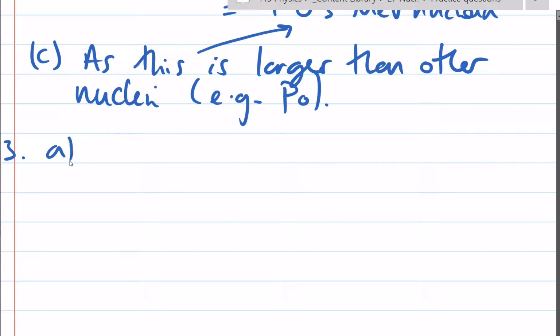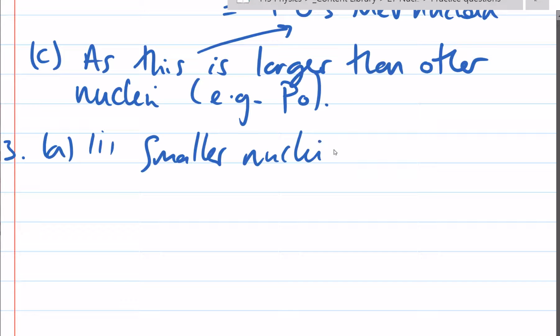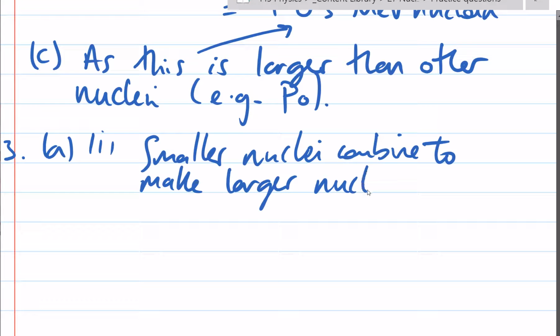Question 3. Describe the physical process of nuclear fusion. Smaller nuclei combine to make larger nuclei. Energy released.